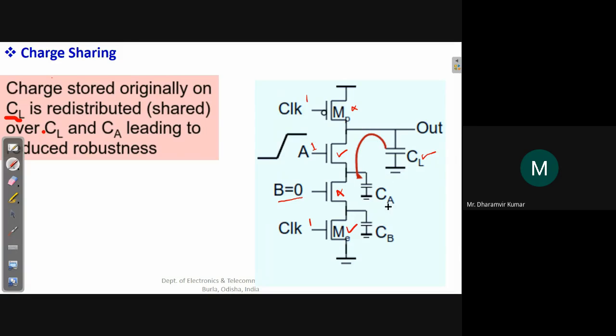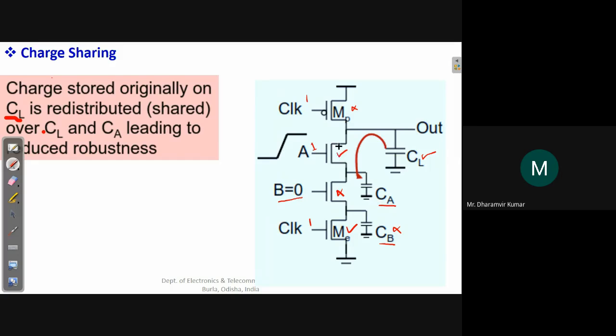This is the parasitic capacitance associated with device NMOS A, and this is the parasitic capacitance associated with NMOS B. Since NMOS B is not conducting, we will not bother about this CB. We only bother about this CA in this condition because NMOS A is on.